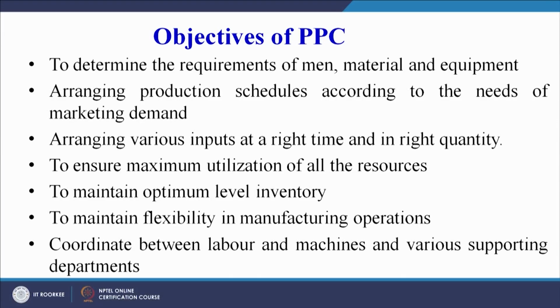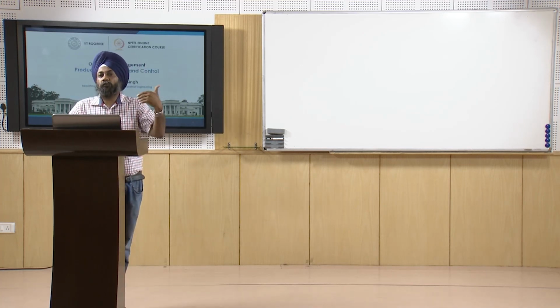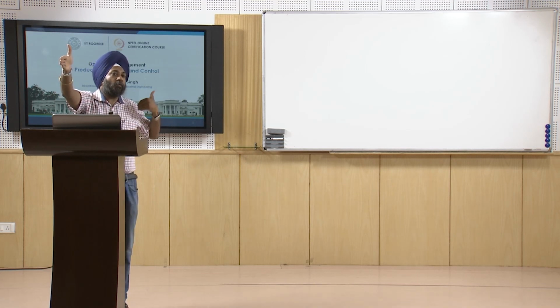Arranging production schedules according to the needs of the market or the marketing demand. So there will be some demand, and we have to do the back calculation. For example, the company has entered into a contract agreement with a customer that we will be able to supply X amount of products by 31st of December. So 31st December is now the deadline, and today we have entered into the agreement.